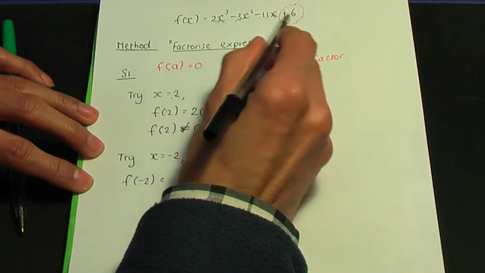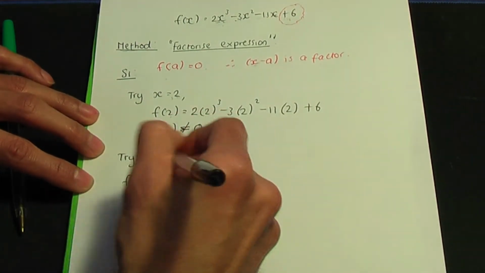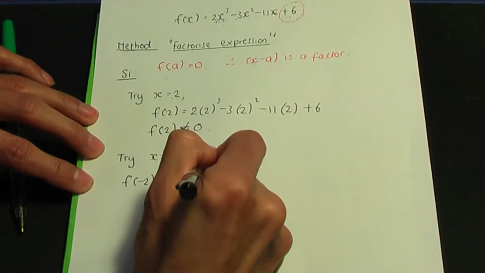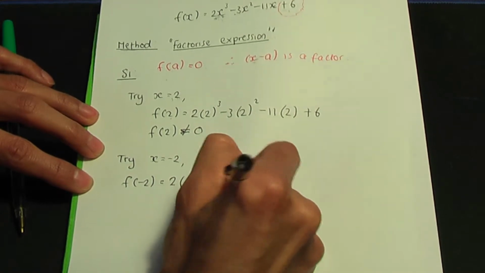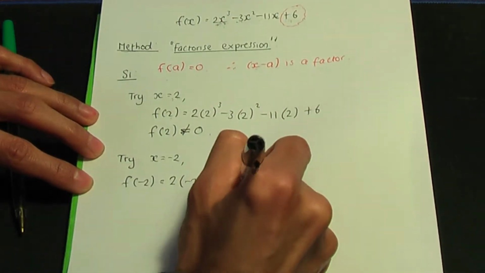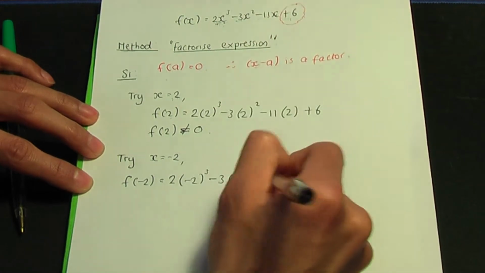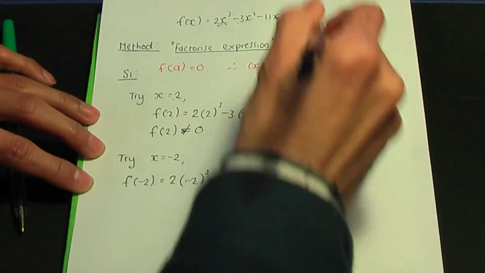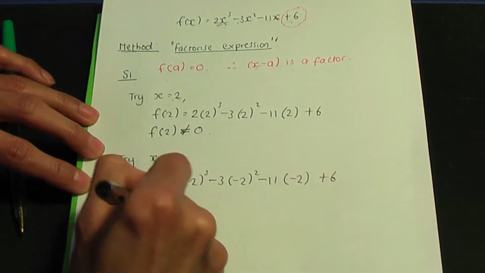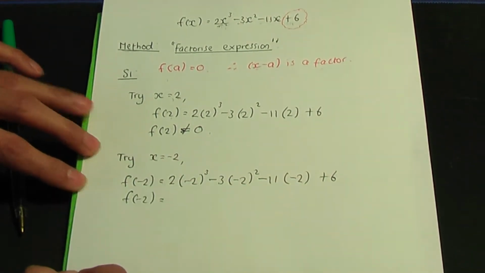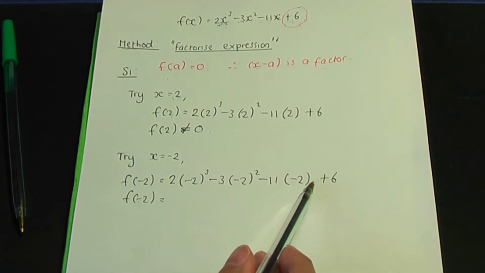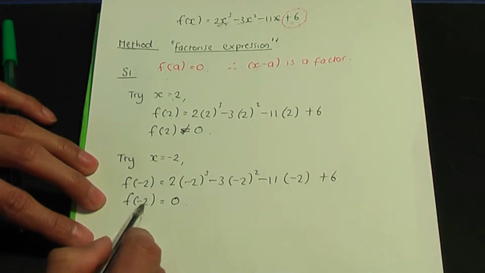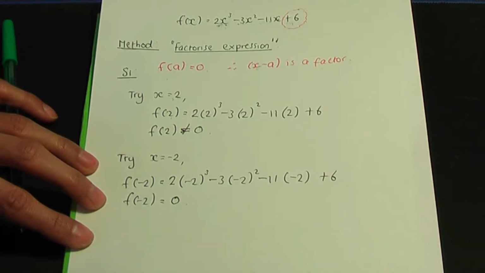If I replace x's in f of x by minus 2's, I'll get 2 times minus 2 cubed, minus 3 times minus 2 squared, minus 11 times minus 2, plus the 6 at the end. If you calculate this, you're going to get a value which is 0. So f of minus 2 gives you a value of 0.